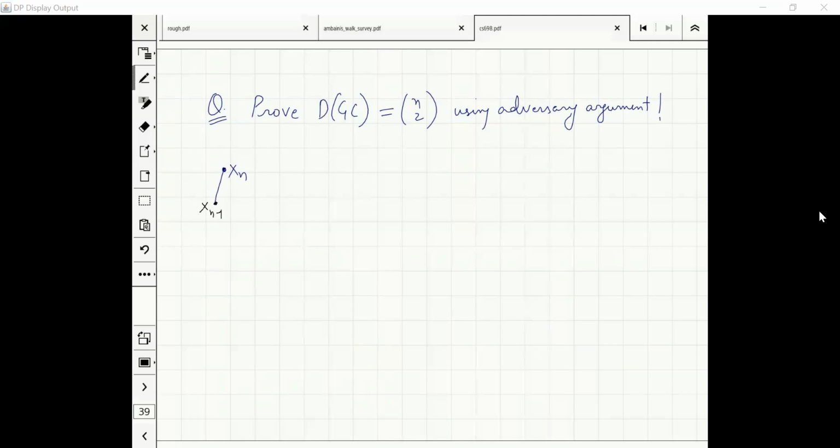Then if the nth vertex has only one edge incident to it, and that edge is between x n minus 1 and x n, then we have to go till the last edge. We have to check till the last edge. But what about the decision tree which asks x n minus 1, x n at the first instance? Yeah, then formulate some other kind of graph where just the value of n changes.